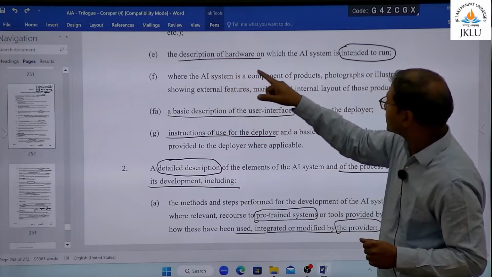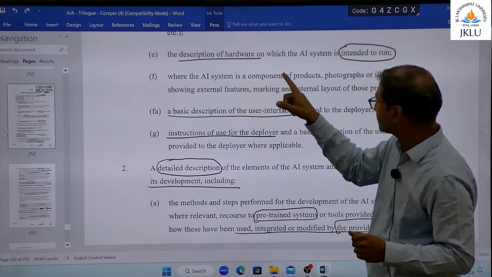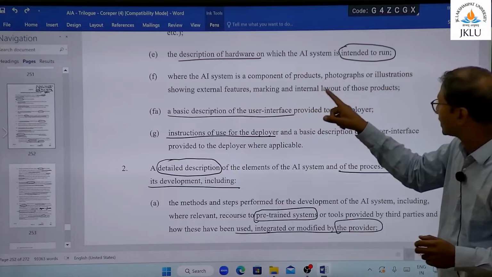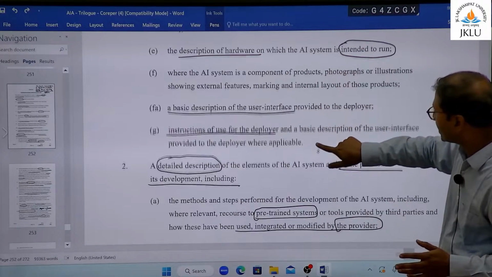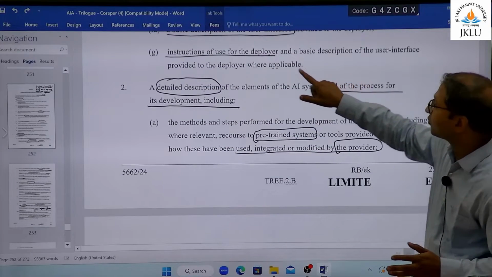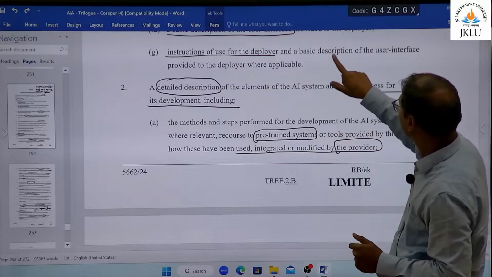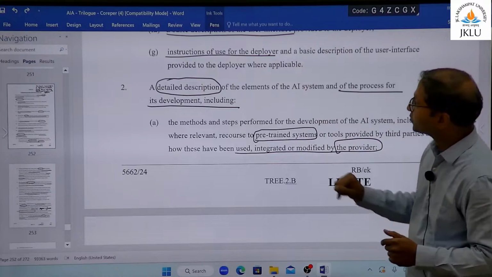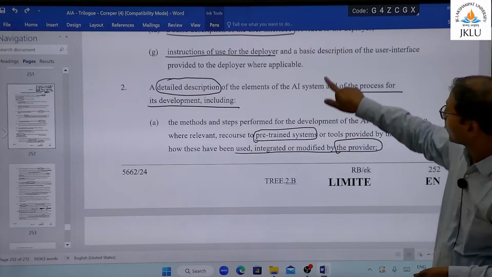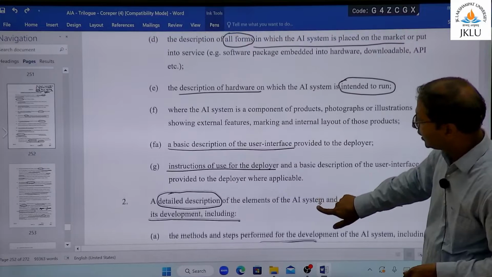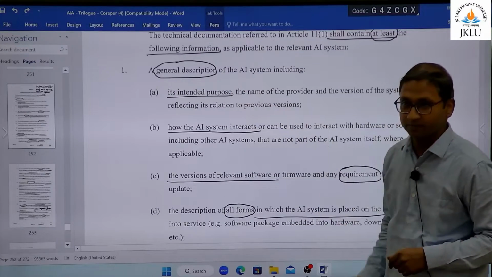Where the AI system is a component of products, photographs or illustrations showing external features, marking and internal layouts of those products, basic description of user interface, instructions of use for the deployer, a basic description of the user interface provided to the deployer wherever applicable. So what was A to G? A to G was just the general description.